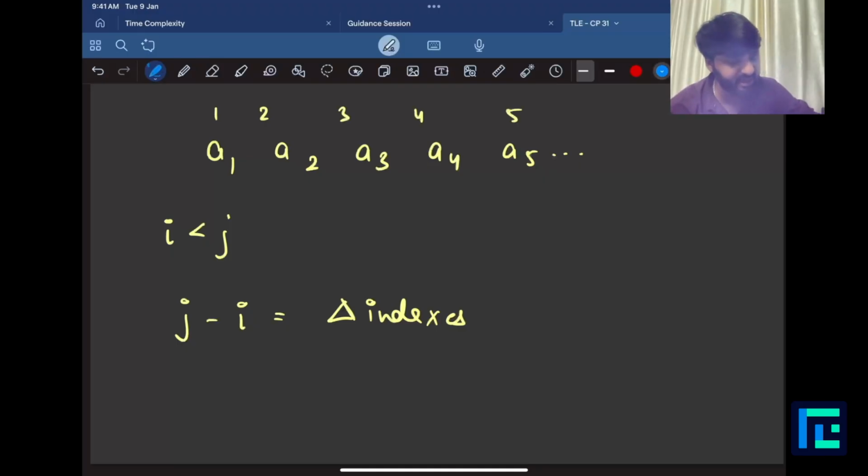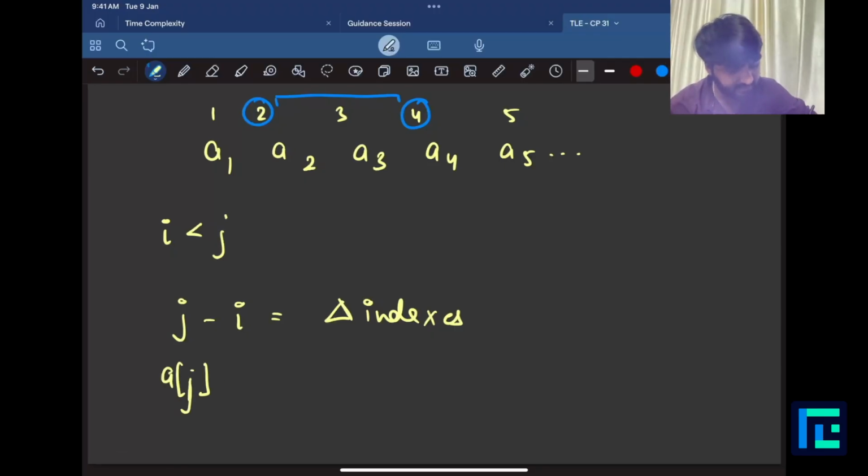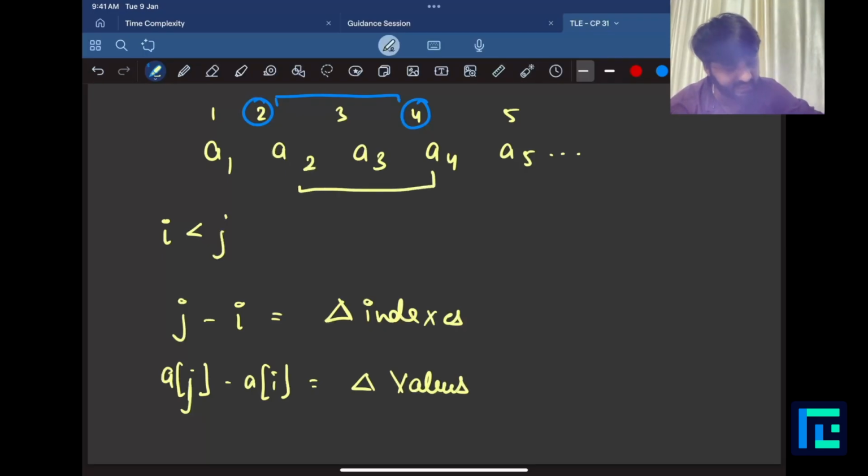So let's say I pick up 2 indexes, 4 and 2. The difference in these 2 indexes is actually the delta value, you can say delta indexes. And when I talk about the aj minus ai value, that is actually the difference of these actual values, the delta of these values. So a4 minus a2, that is what I'm talking about.